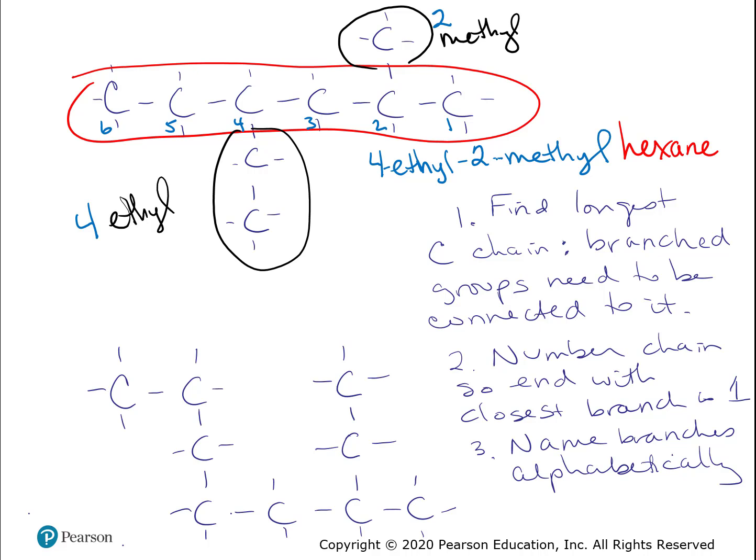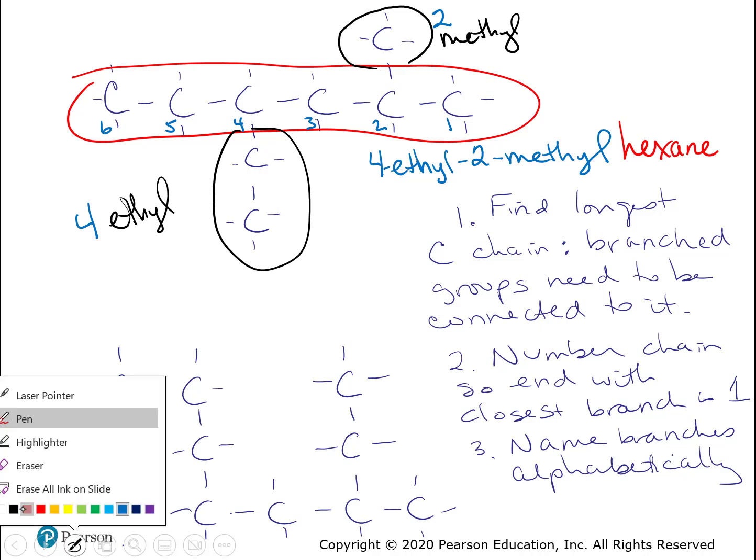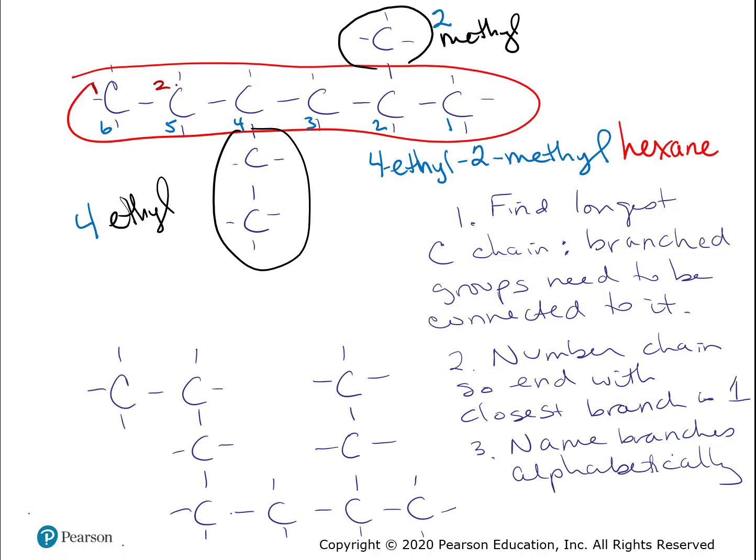You're not numbering according to the alphabet. You're numbering to give the lowest number combination possible. Let me show you. If I numbered from the other side, if I said this is carbon 1, 2, 3, 4, 5, 6, so I'm going to number from one side or the other, what would ethyl be now? 3.